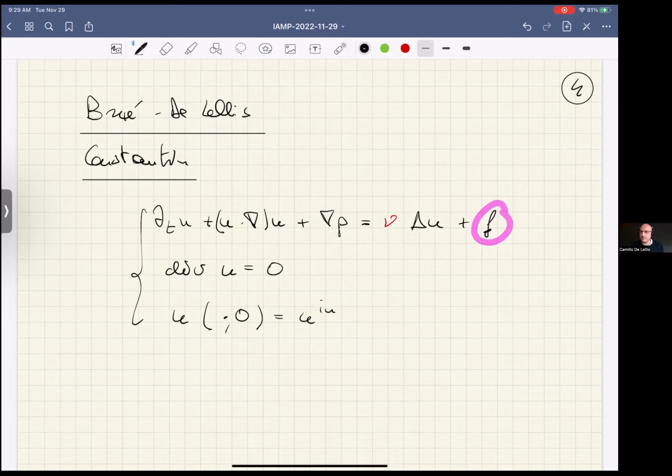Again, I have the same theorem as I had before. So if I give you solutions of Navier-Stokes with a sequence of forces and a sequence of initial data which have good bounds, in particular, if they are a little bit better than C1, I can produce, at least for short time, a limiting solution of Euler which has good bounds.